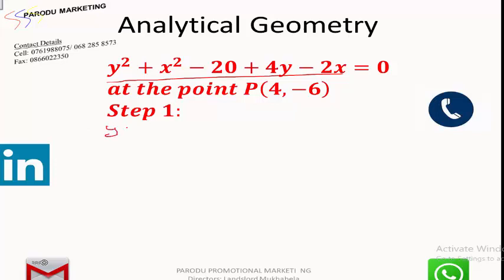You'll start off by putting your y squared, then the positive 4y, as well as your x squared, then your negative 2x. I've grouped them nicely together, and then I'll transpose the 20 to the other side.